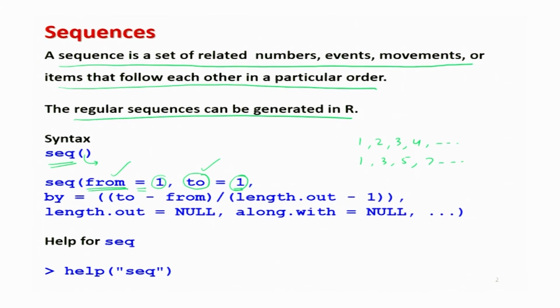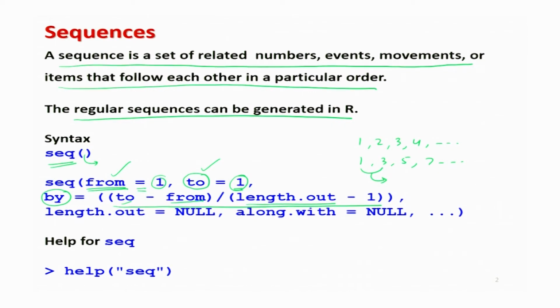So, you need to inform, somewhere between the two numbers, how the sequence should progress and by what value it should increase. In order to control this jump, we have an option by, and then we define the value by which the sequence has to progress. The usual way in which it will progress is defined by the value at to minus the value at from, divided by length.out minus 1, right.